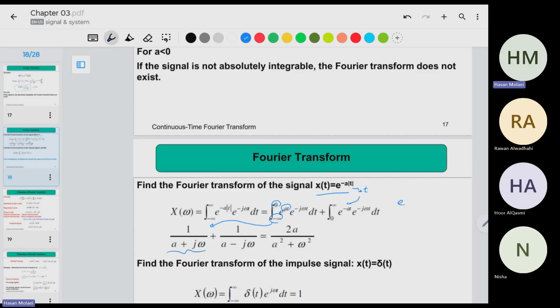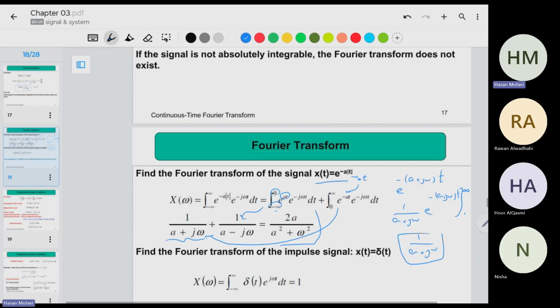The answer of the second part is e to the power of minus, which is 1 over j omega, from 0 to infinity. And I think I made a mistake. This one is for this one, and this one is for this one. And the answer would be something like that.